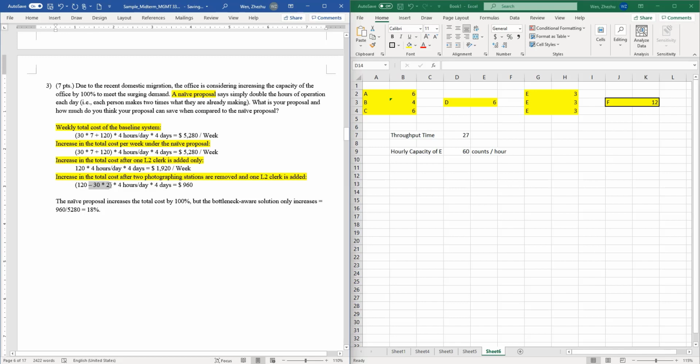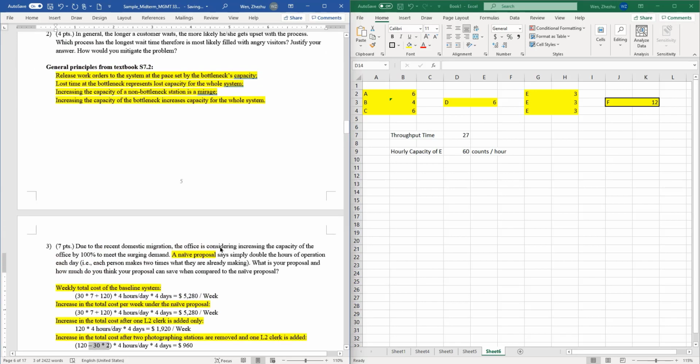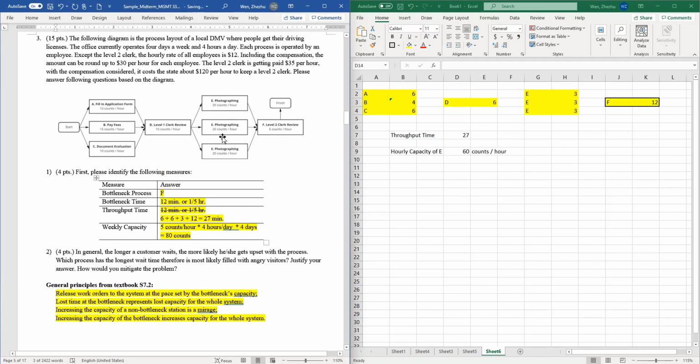As you can see, I'm getting rid of 2 employees from this photographing process because this is already too fast when compared to other processes. In other words, this is making other people look really bad, right? So when other people are struggling with 10 or 15 counts per hour, this guy is doing 60 counts per hour.